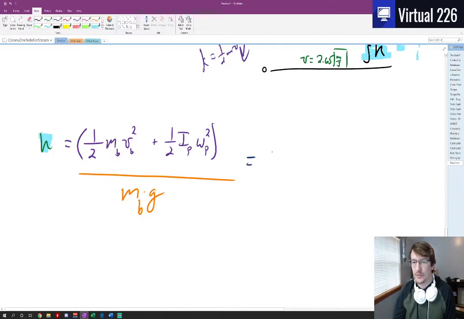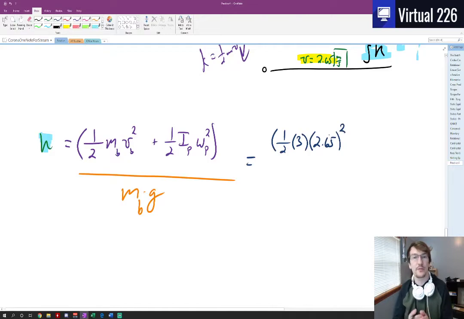Up here in the numerator, we've got 1/2 the mass of the block, which was 3 kilograms, times the velocity of the block on impact with the floor. We've got that right up here, that's our 2.65. So times the quantity 2.65, and don't forget to square that. It's very important that you square that for energy.